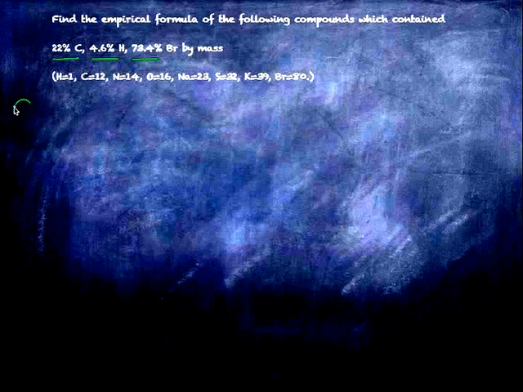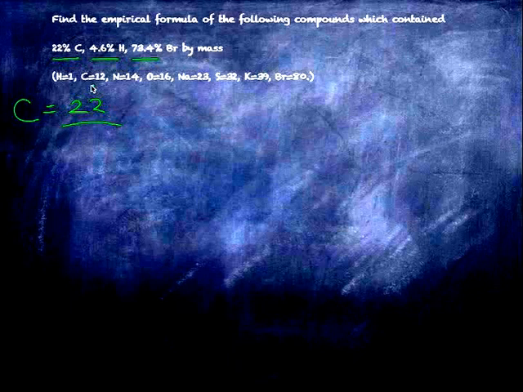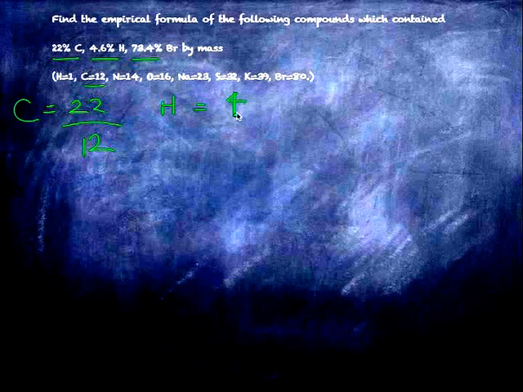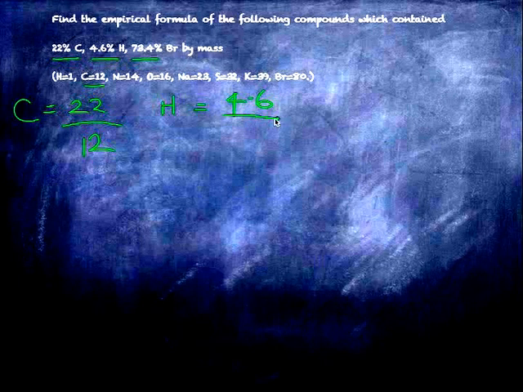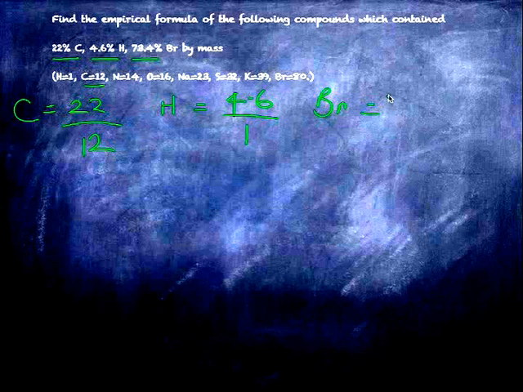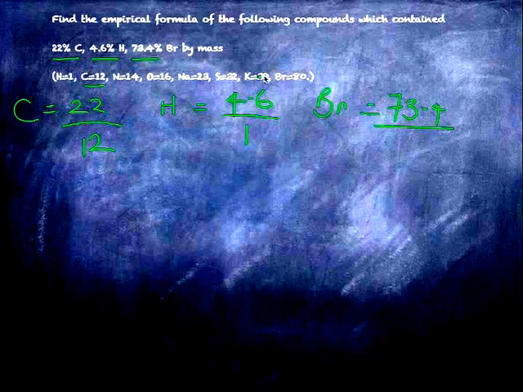So our carbon will be 22 grams divided by the 12. Our hydrogen will be the 4.6 divided by the 1, and the bromine will be 73.4 divided by 80.